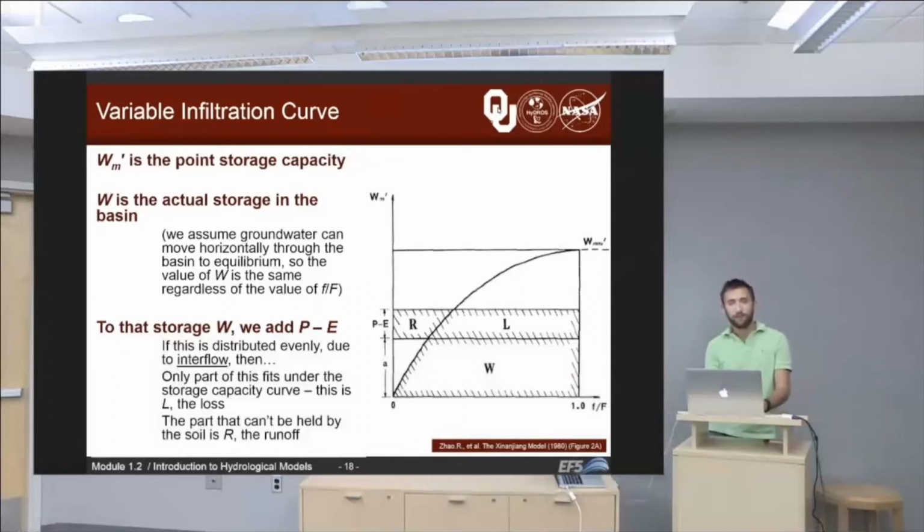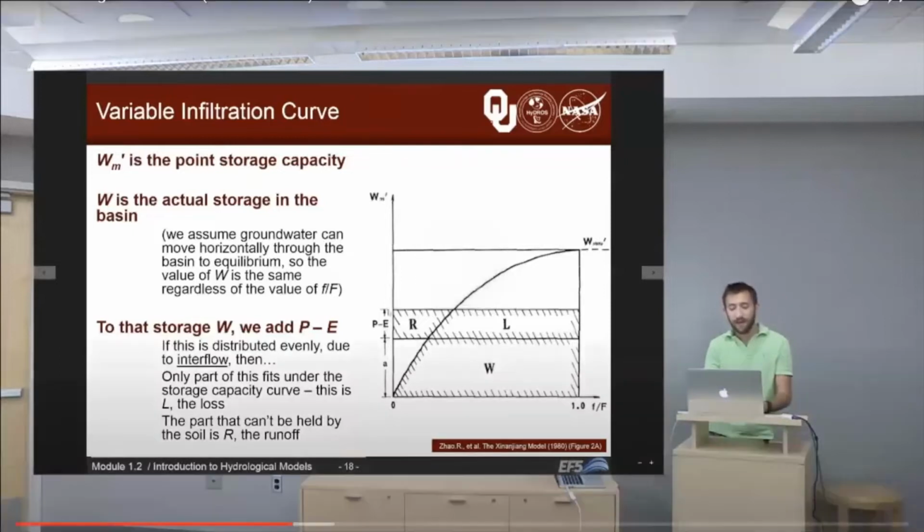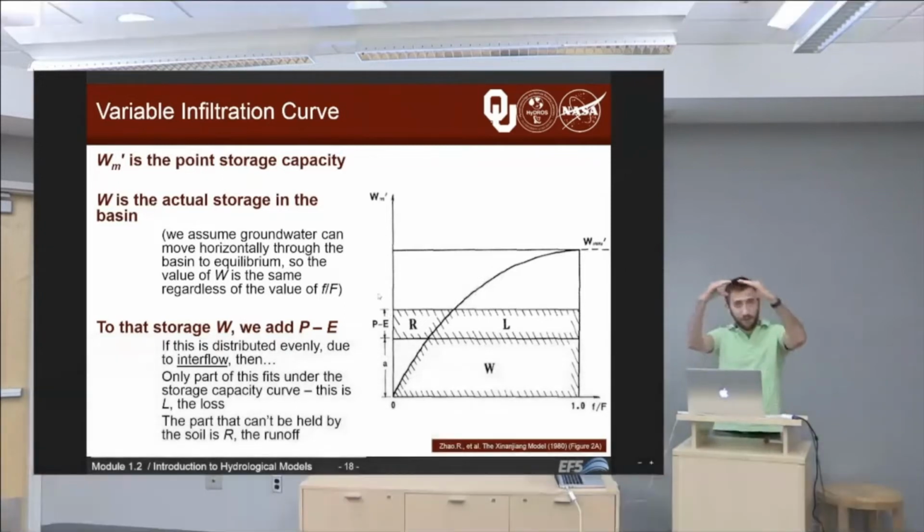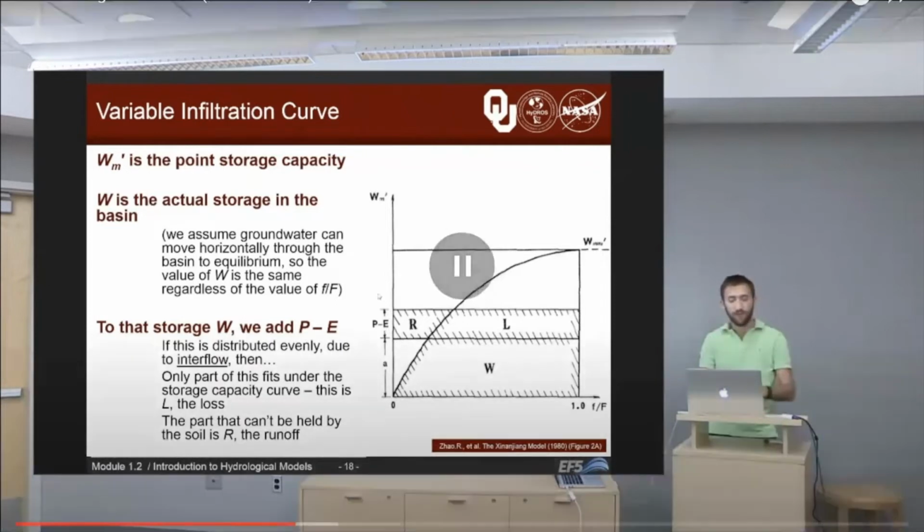To that storage, we're going to add P minus E. P minus E is precipitation minus the evapotranspiration. That's the amount of water that actually makes it down to the Earth's surface.